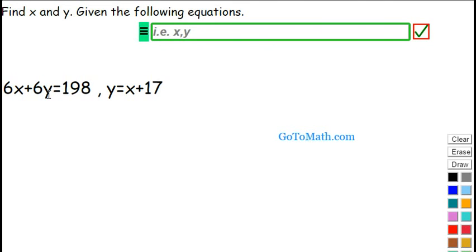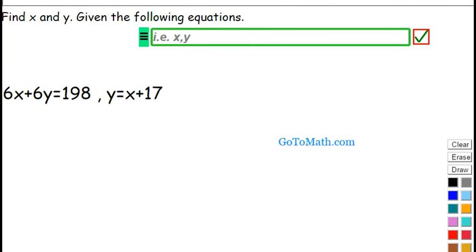Now, we have another equation over here with an x and a y, and what we're going to end up doing here is we're going to use this equation to help us find the solution to this equation here. Okay, so if you've never seen this before, well, I guess this will be the first time, and it's not too difficult.